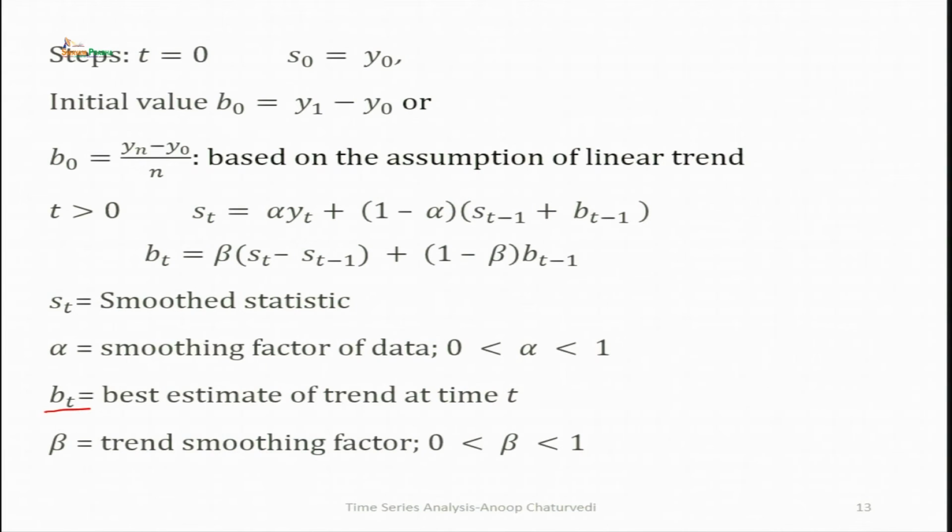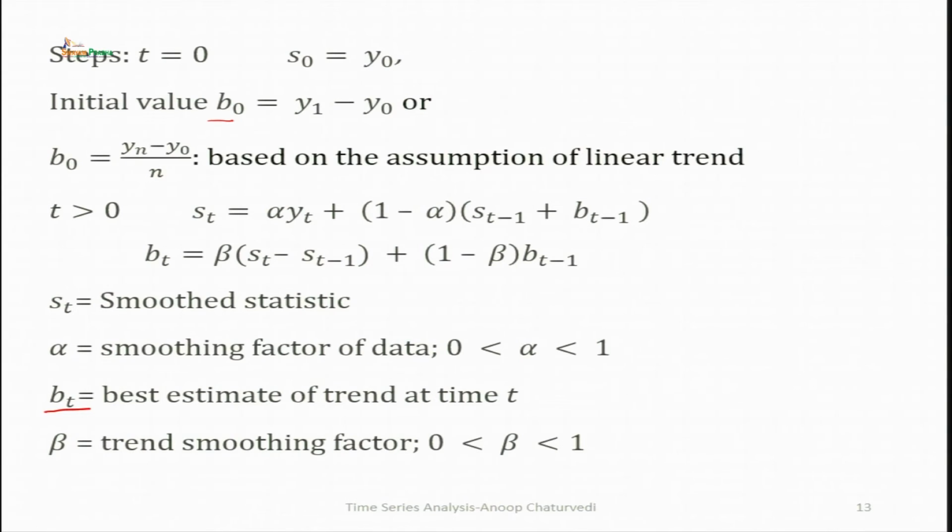Actually, B t is the best estimate of the trend at time t. So, we start with the initial value of B naught equal to y 1 minus y naught, or sometimes you take B naught equal to (y n minus y naught) upon n.